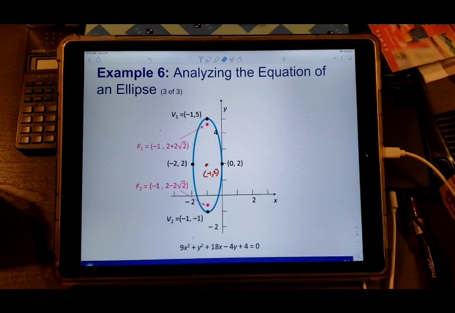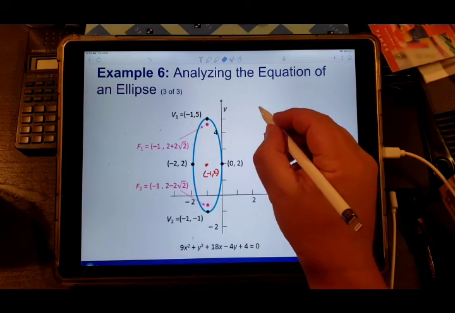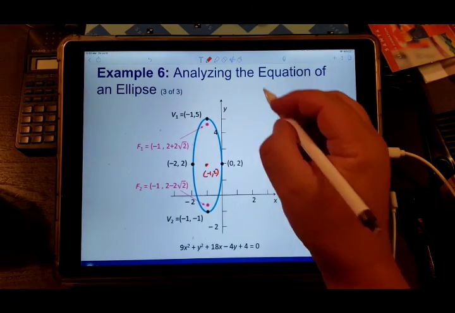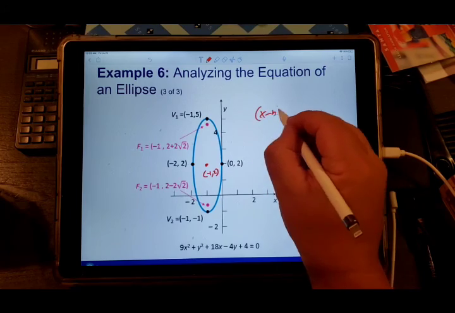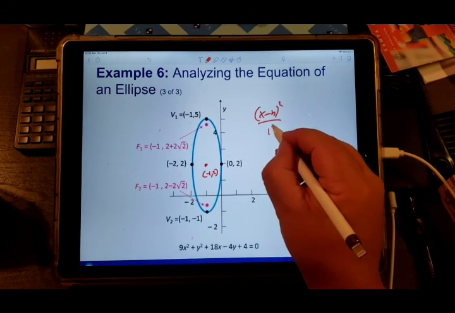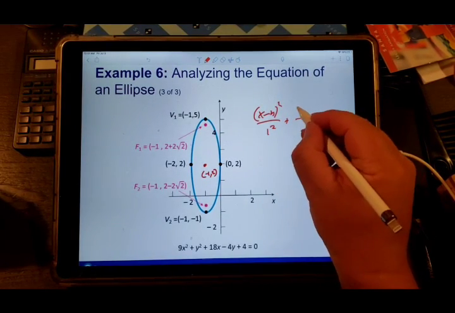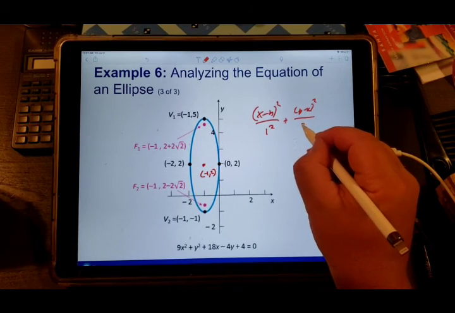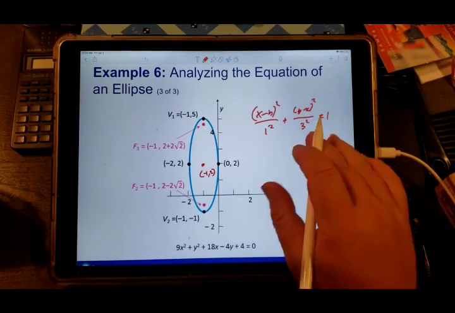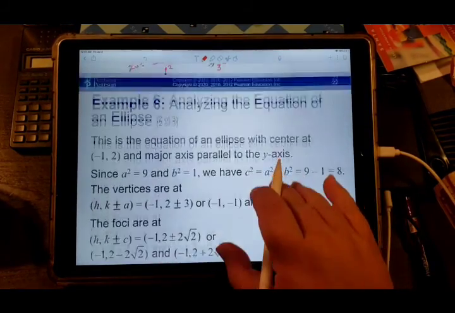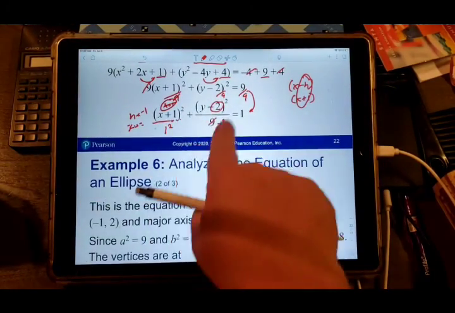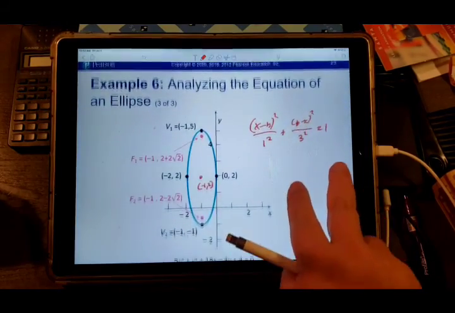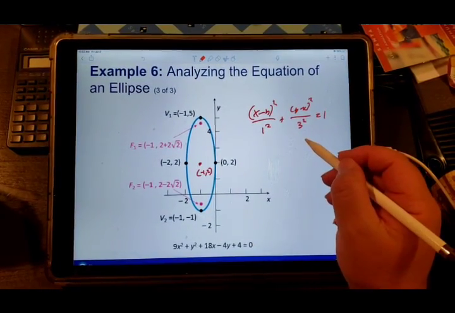What was my number under here? It was 1, right? And y minus k squared over, and I can change that to 3 squared. What I'm doing is I'm just taking what I had a couple of steps before and writing it here.